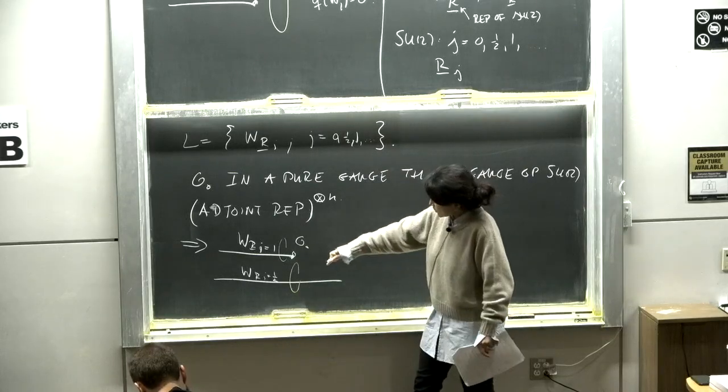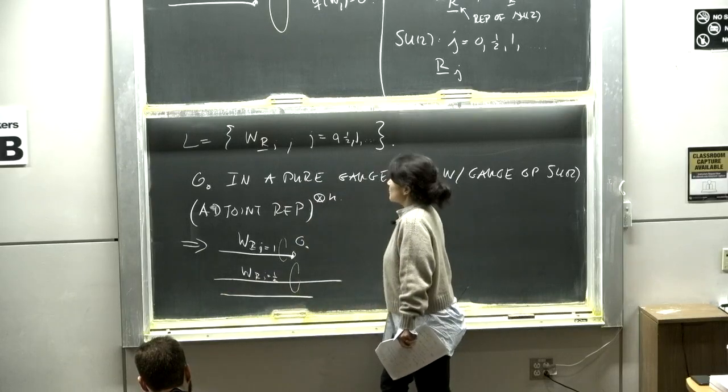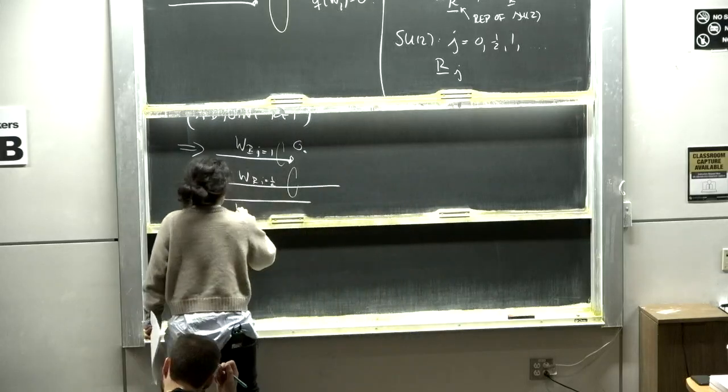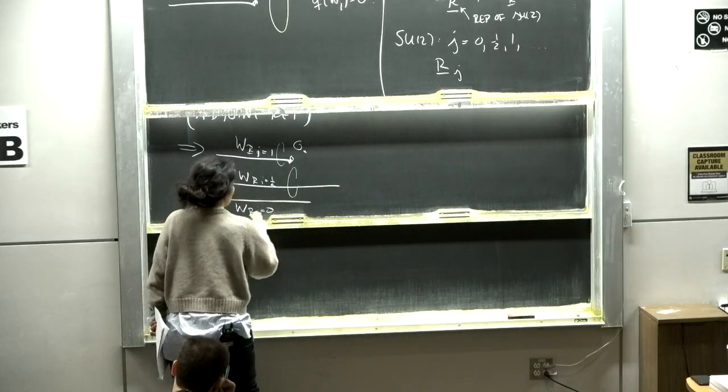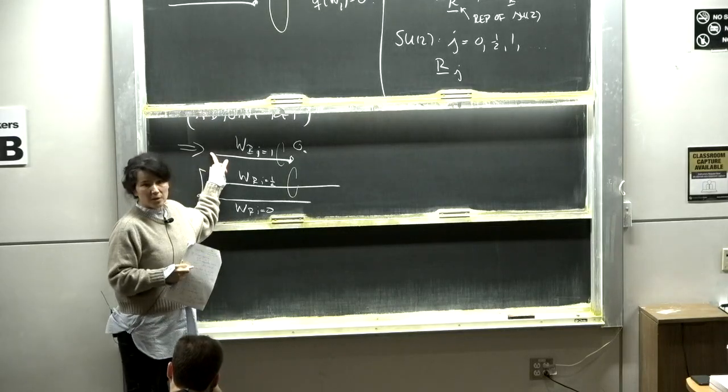And there's, of course, also the trivial Wilson line, W R J equals 0. Let me erase this. So these two are the independent ones, and this gets screened. Right?